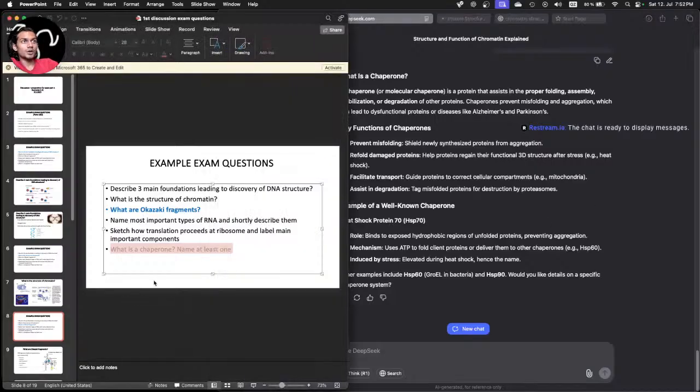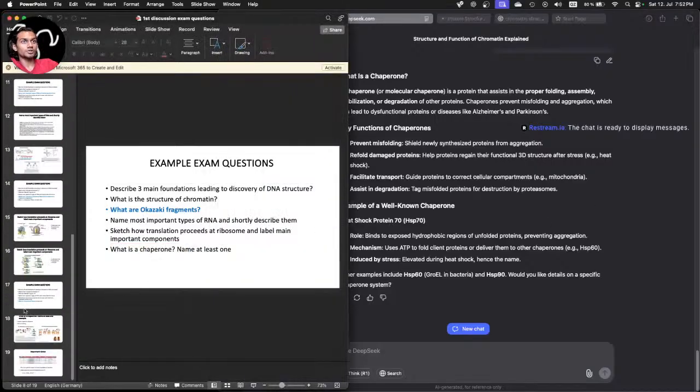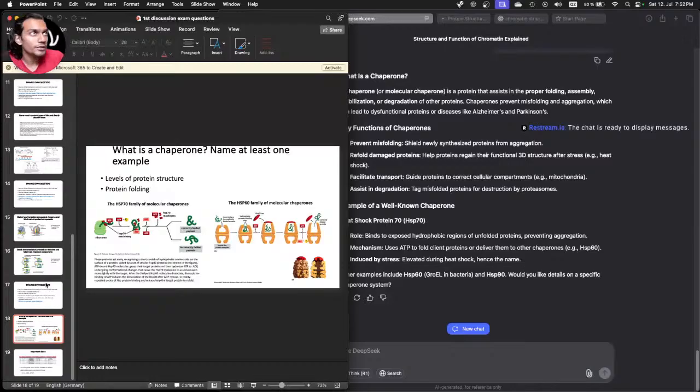So these are the example questions. What do we have here? Levels of protein structure.